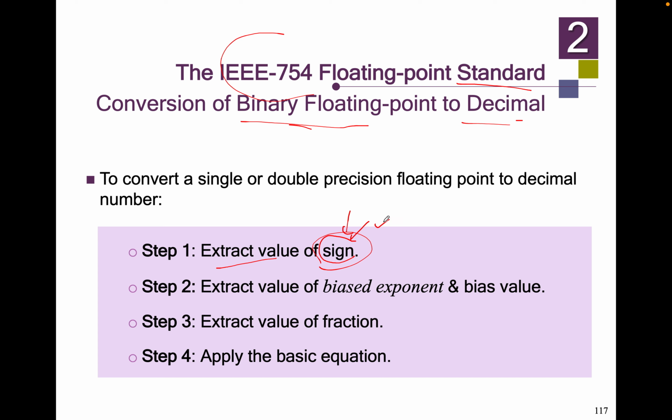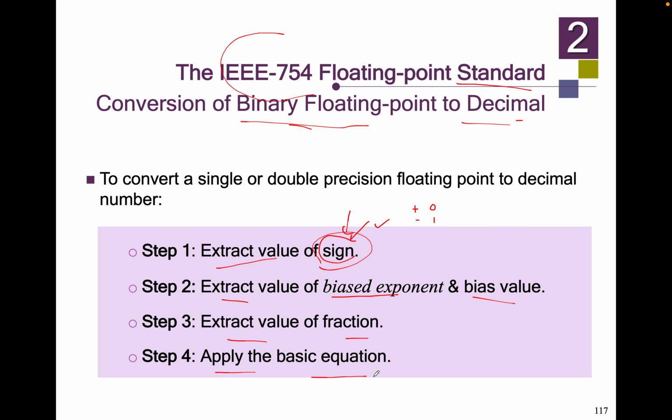Normally you get full marks for sign because you only refer to whether it is positive or negative. Positive will be 0, negative will be 1. Second, extract the value of the biased exponent and bias value. Third, extract the value of the fraction and apply the basic equation.